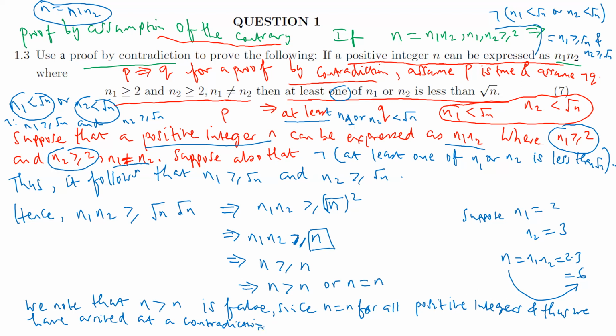We have arrived at a contradiction. Having arrived at a contradiction means that our assumption is false, incorrect, invalid.